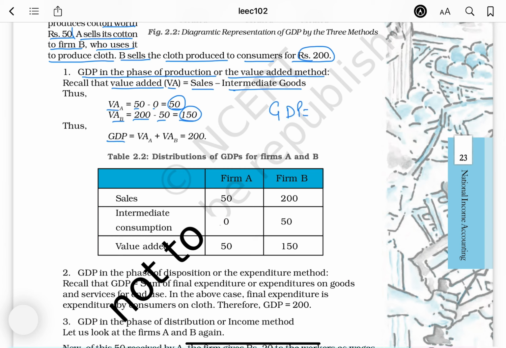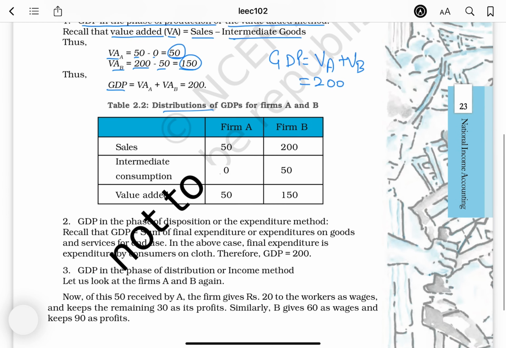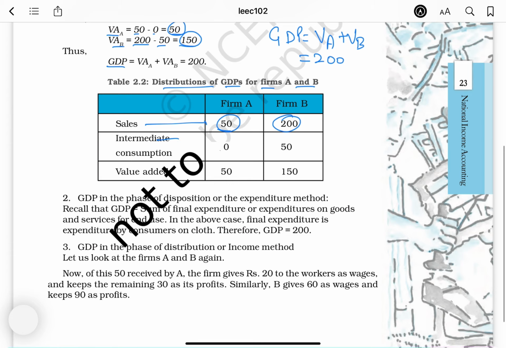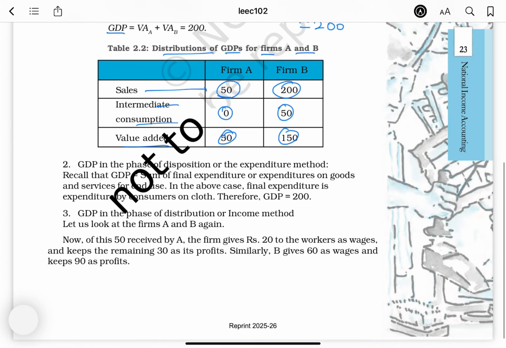GDP equals VA of A plus VA of B equals 200. Distribution of GDP from firms A and B: sales for A is 50, for B 200; intermediate consumption 0 and 50; value added 50 and 150.